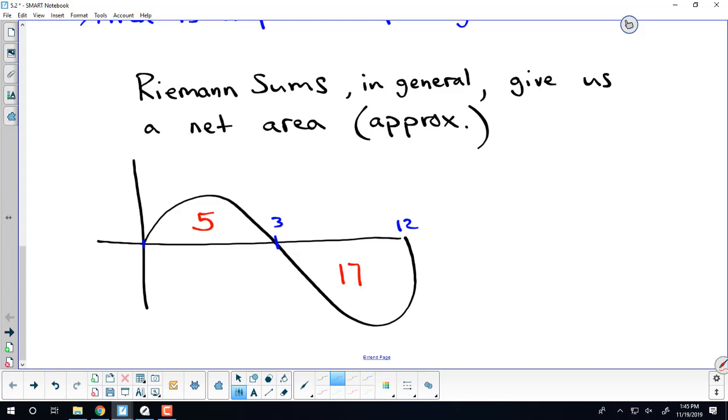So what would the net area be for this? Negative 12, yeah. The net area is the sum of the area above, let me write this in a different color, minus the area below.